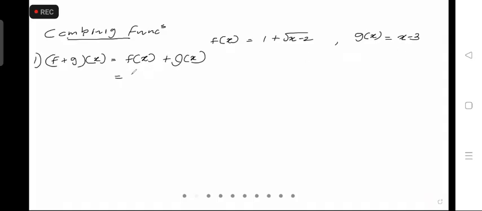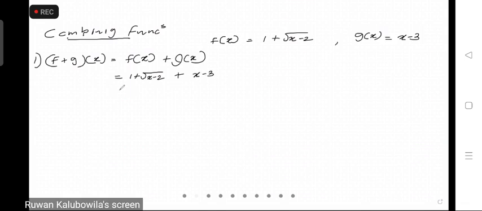You can apply it. f(x) means square root of x minus 2 plus 1, and g(x) means x minus 3. Now you can solve: square root of x minus 2, minus 3, plus 1 means minus 2.